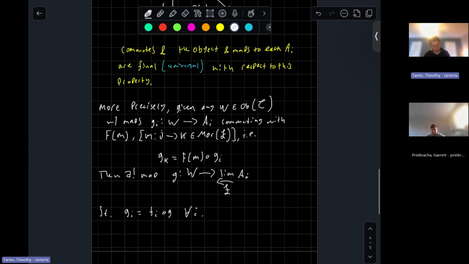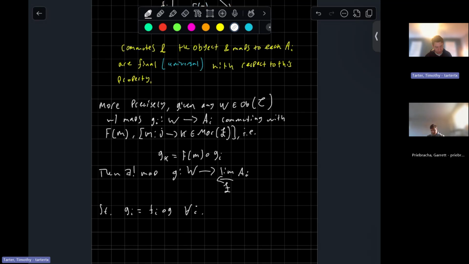So this is kind of the better way of thinking about it, right? The limit of A_i, or the inverse limit of A_i, is what I like to try and distinguish, because there's this other thing that we're going to talk about called the colimit that goes the opposite direction. It's arrow reversing. Oh, lovely. They totally named things backwards, because this is the thing that does what you would think the limit does, and then the colimit does the thing you would think the arrow reversing of the limit does.